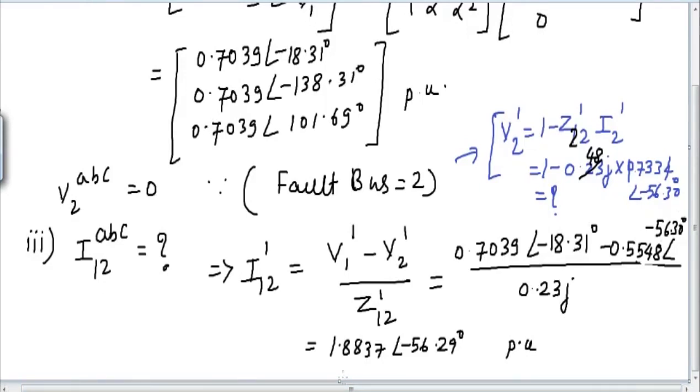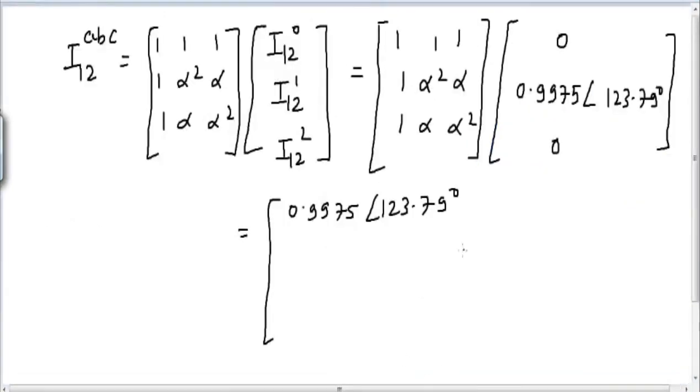Okay, this is the answer of I121. So please check it. So there will be a change here also. So let us see what the change is here. So this is 1.8837 at an angle minus 56.29 degrees, right?